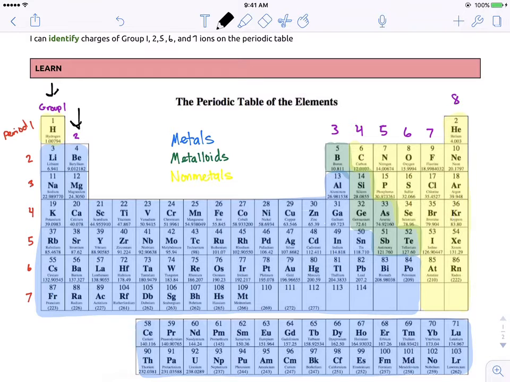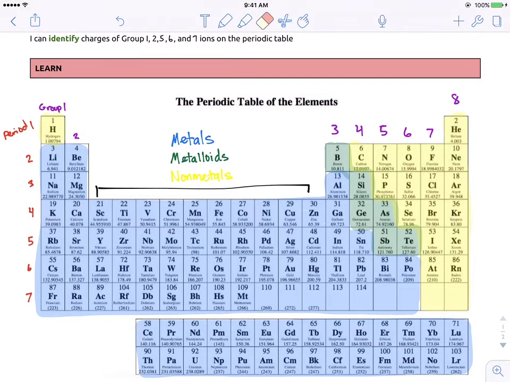Some periodic tables continue with 3 and 4, but the classic periodic table goes all the way past these transition metals here, and then we have group 3, 4, 5, 6, 7, and 8. So groups are referring to the columns, where the rows refer to periods. And we have periods 1, 2, 3, 4, 5, 6, 7. Those are our rows or periods.